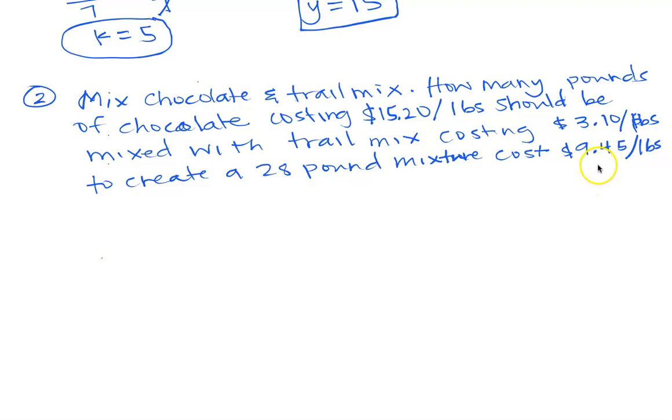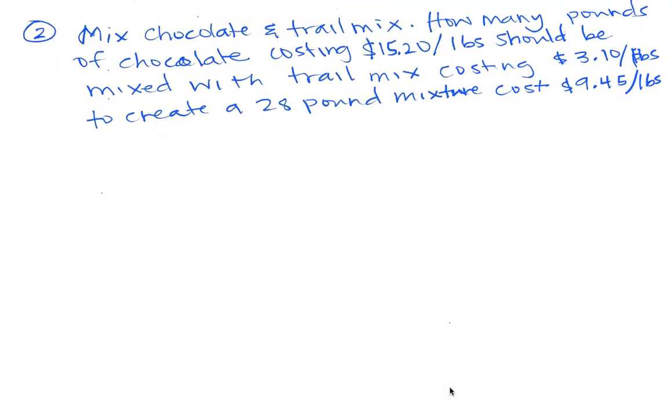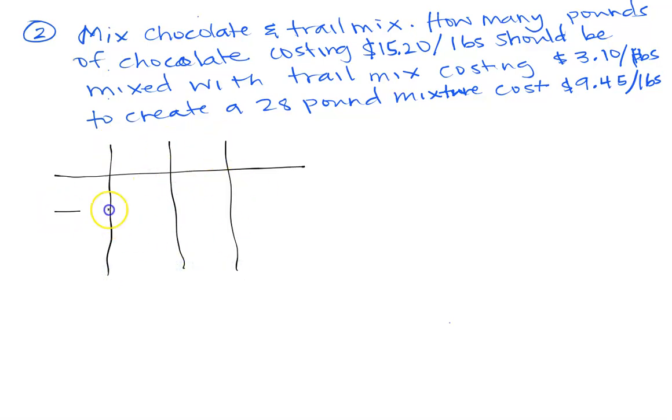Okay, so I did this one last time on the review, and I just want to make sure that everybody is feeling really comfortable. I usually set this up in a chart. You don't have to set it up in chart format, but it helps me keep my information more organized.